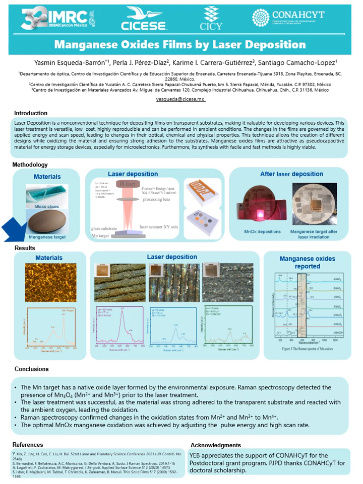After laser deposition, the best manganese transformation, characterized by the orange hue of manganese dioxide, was achieved with a scan speed of 1000 millimeters per second and pulse energies of approximately 77 microjoules.